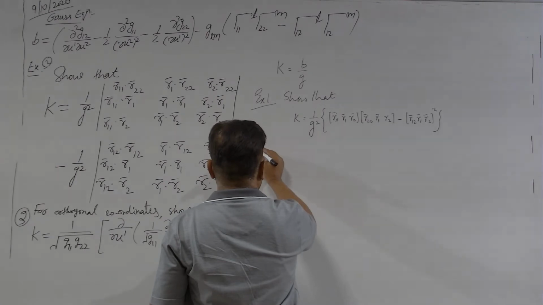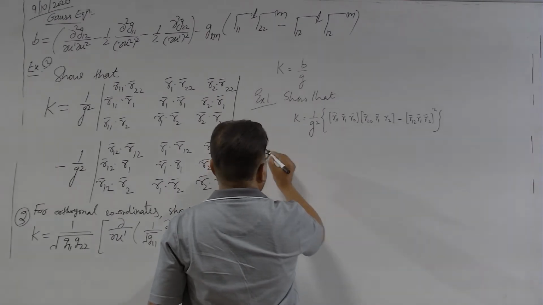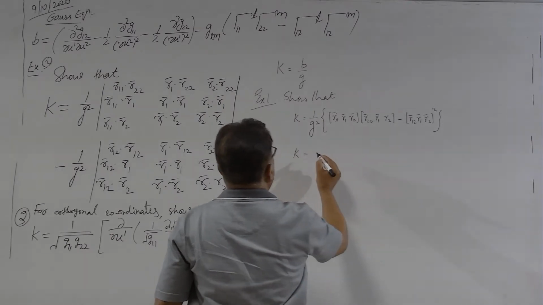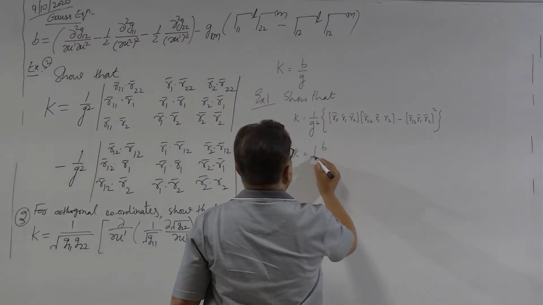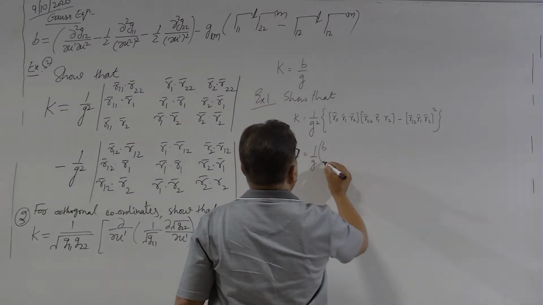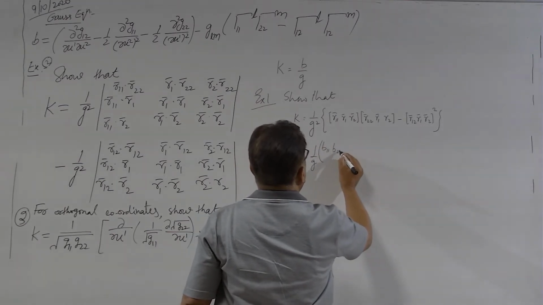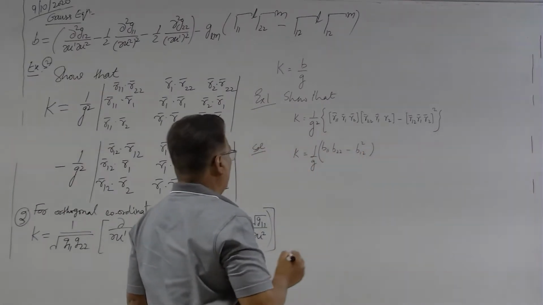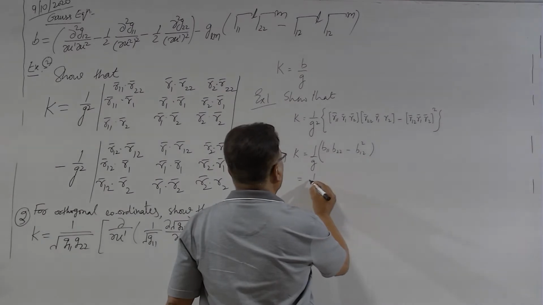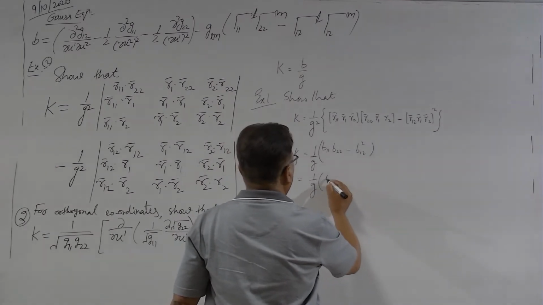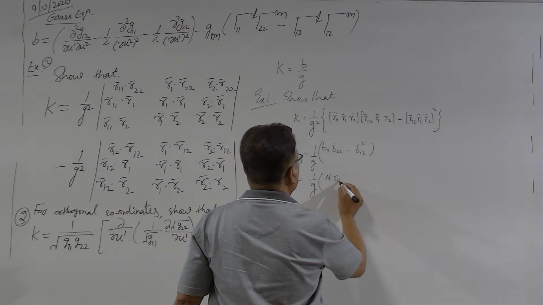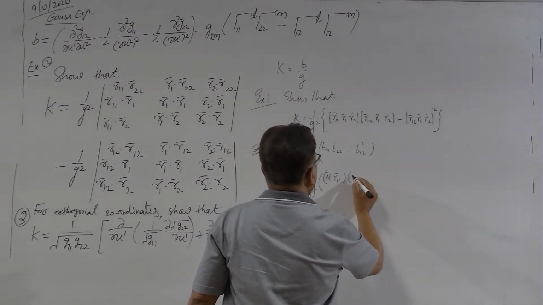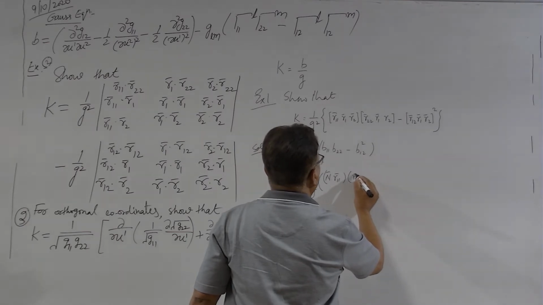Solution is straightforward. We know that K equal to B upon G. So, I can write down K equal to 1 upon G into B11, B22 minus B12 square, and B11 is n dot R11, B22 is n dot R22, or you better write R22 dot n.